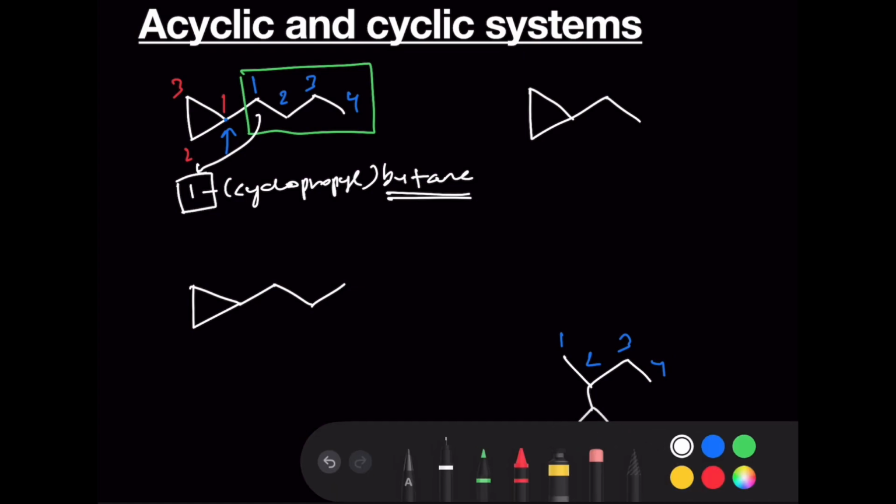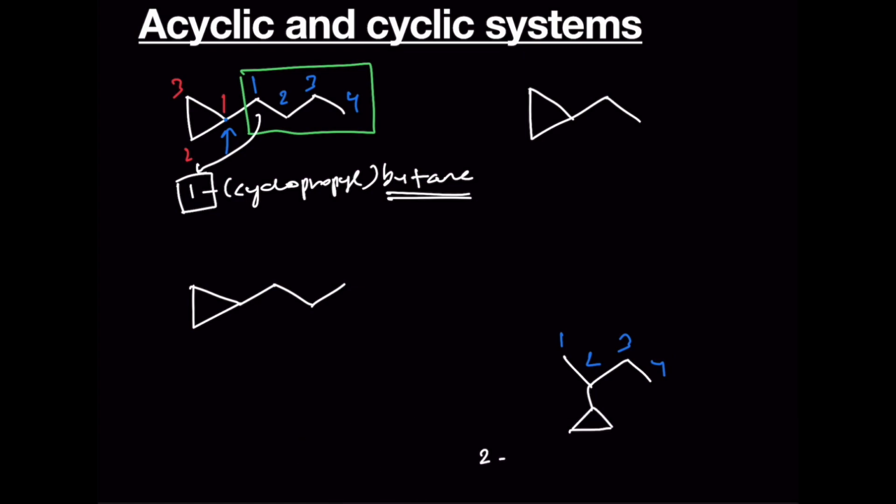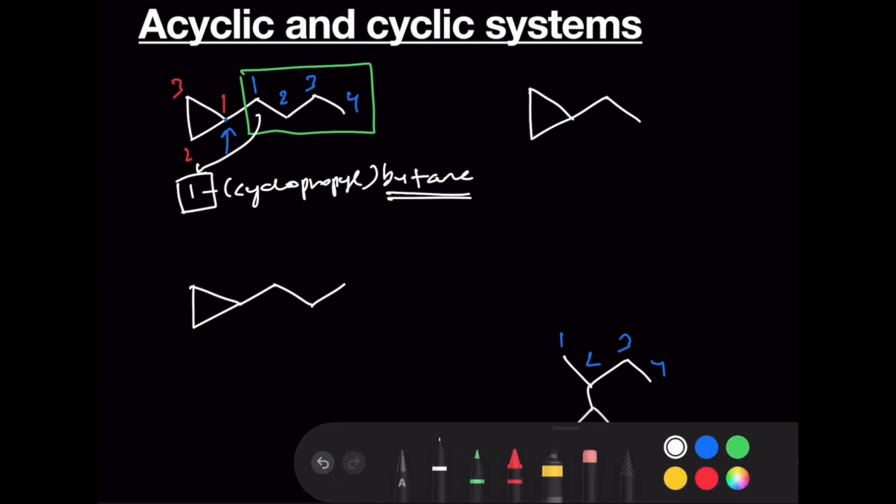This will be 2-cyclopropylbutane, isn't it? The chain locator position is very important when it is a derivative of alkane. However, for a monosubstituted cycloalkane, that is not the case. The chain locator position is not mandatory for monosubstituted cycloalkanes.